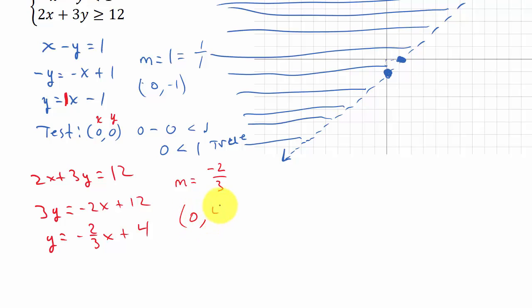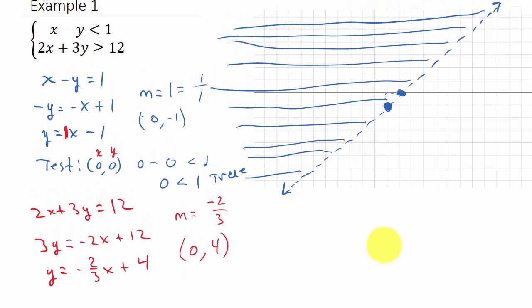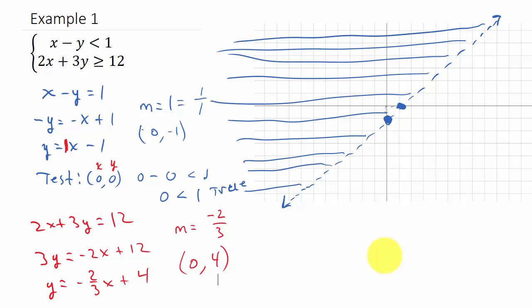So my y-intercept is (0, 4) because of the 4 here. Alright, so let's plot the point (0, 4). And that's going to be here. Now, let's get another point.